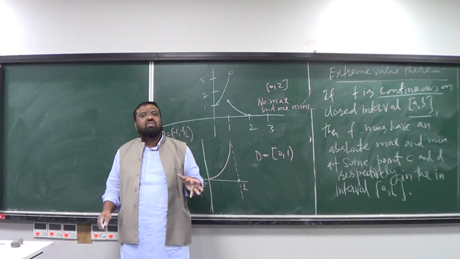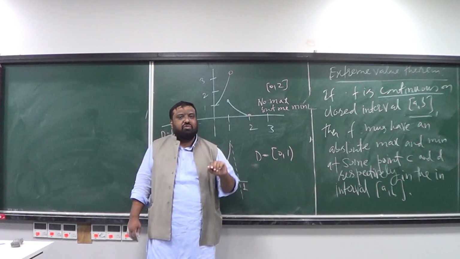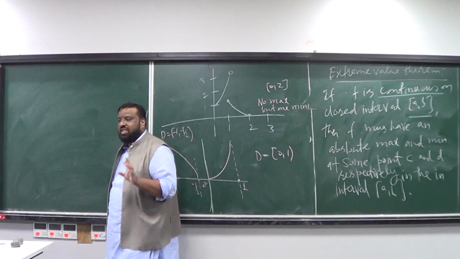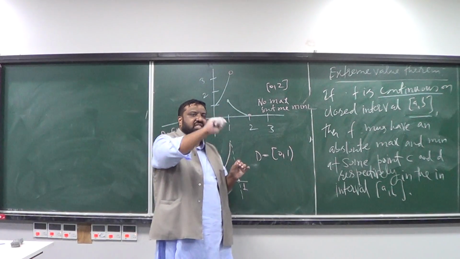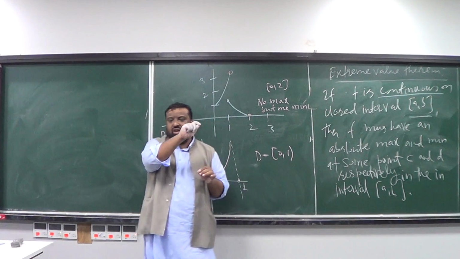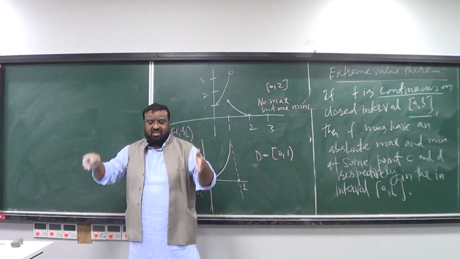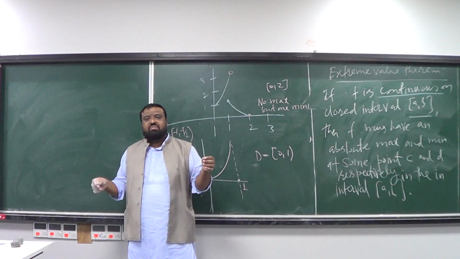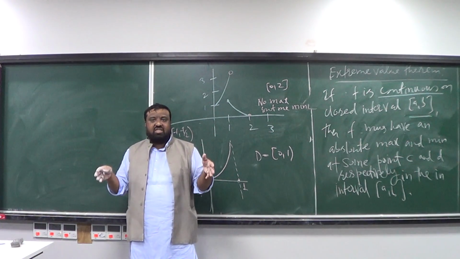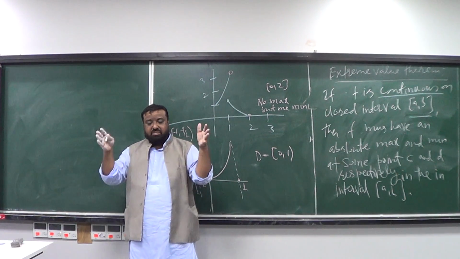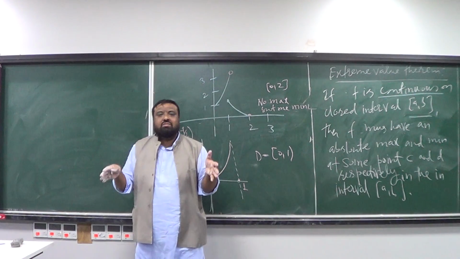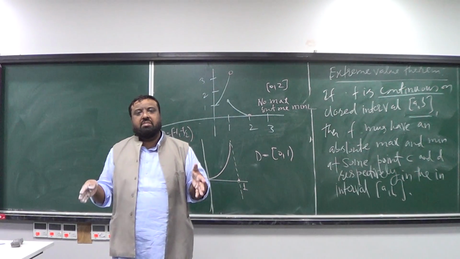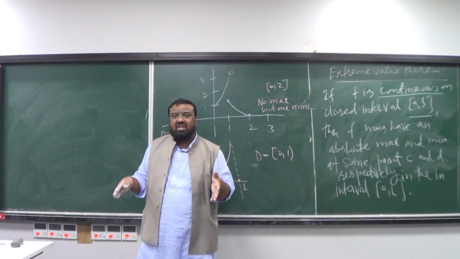And then finally we said that we have this beautiful theorem, the extreme value theorem, which tells you that if you have a continuous curve, a continuous function defined on a closed interval, then that function must have an absolute maximum and absolute minimum.